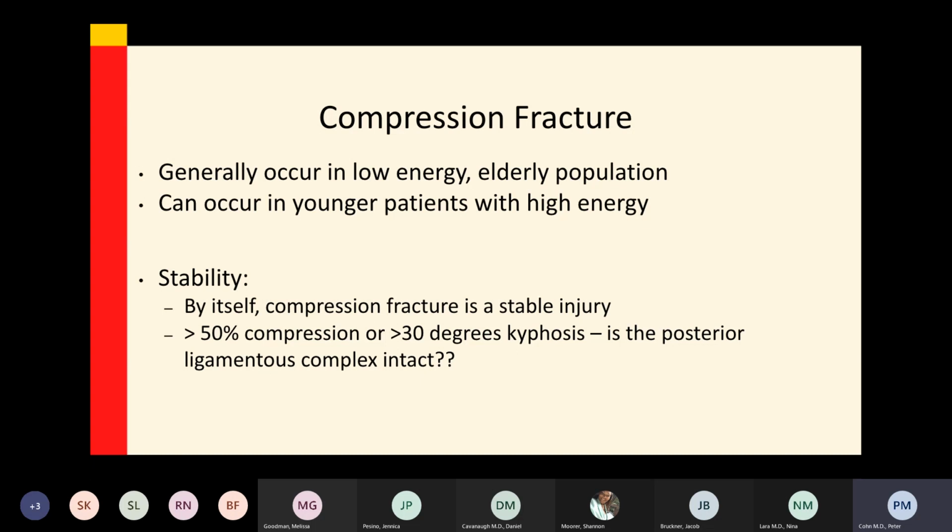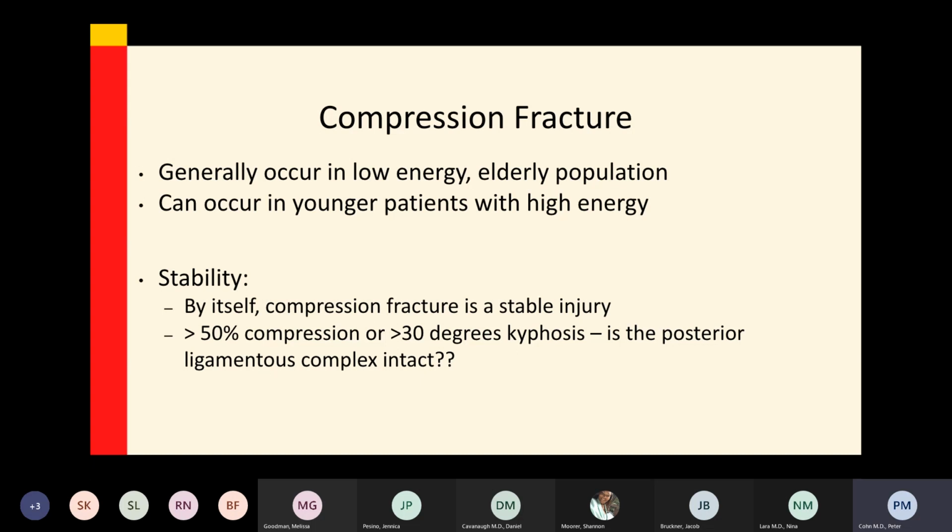However, they can also occur in younger patients with higher energy mechanisms. And really, these are stable injuries. They're anterior column only injuries by themselves, and they do not necessarily require any further stability from a spine surgery standpoint.